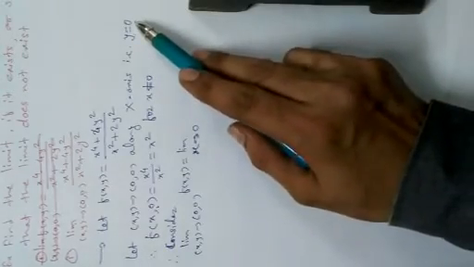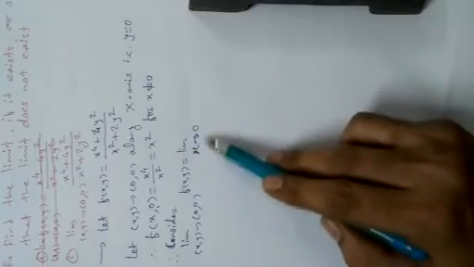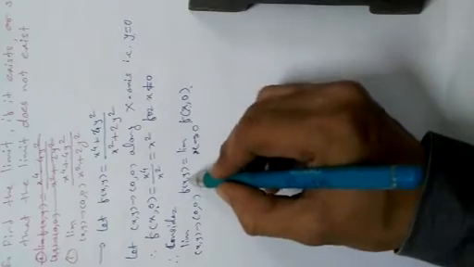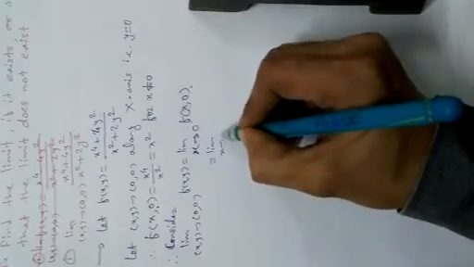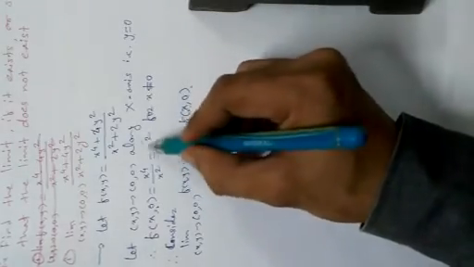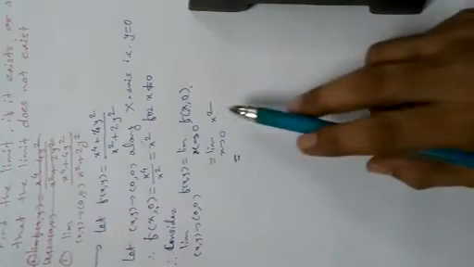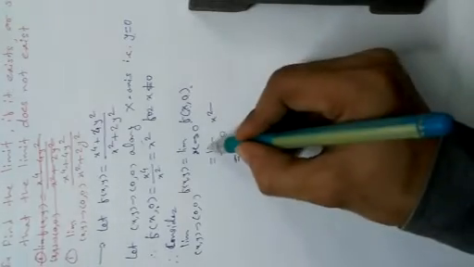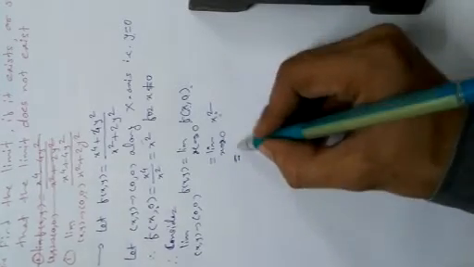The function is f(x,0) instead of f(x,y), which is x square. As x square is a polynomial, it is continuous, therefore its limit will be 0.